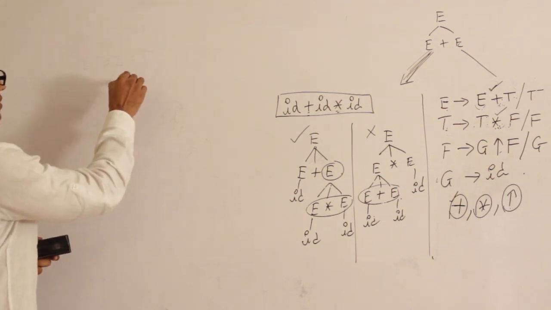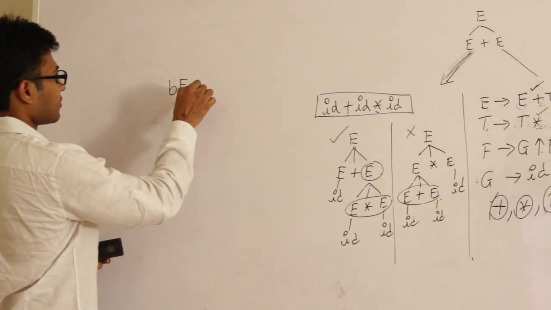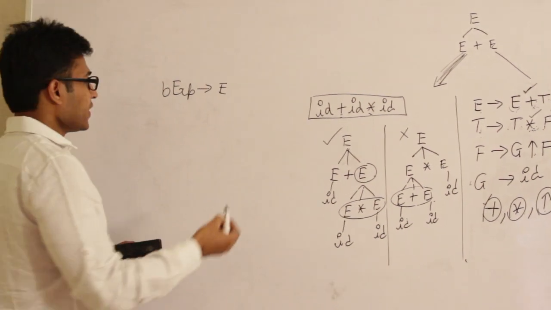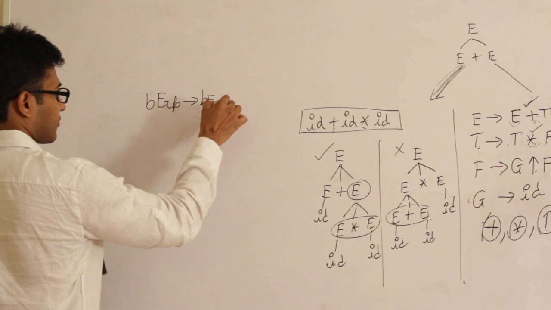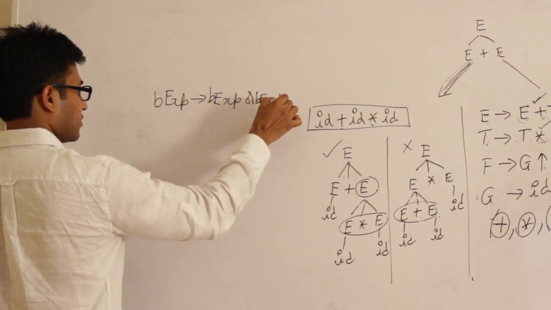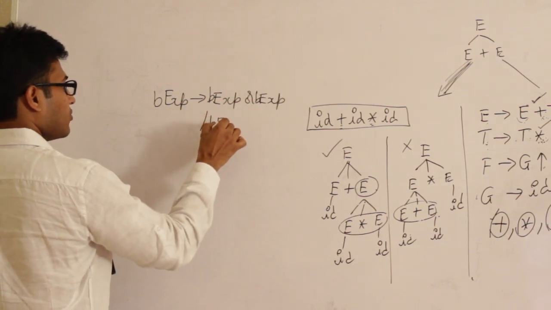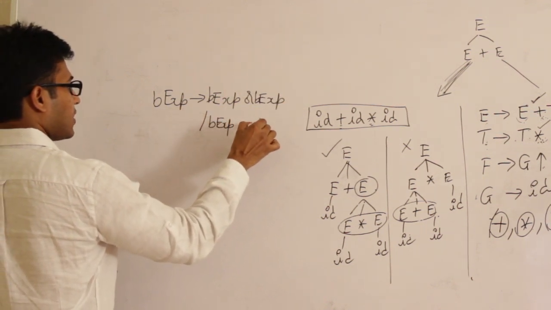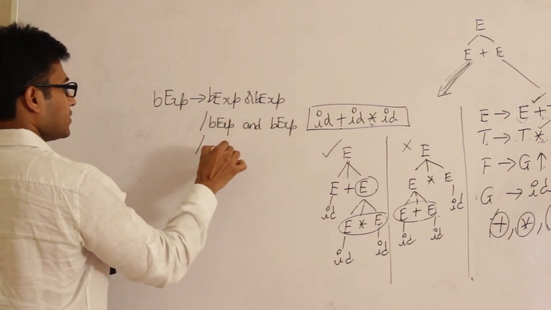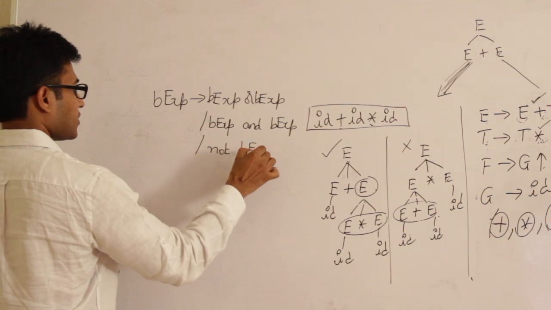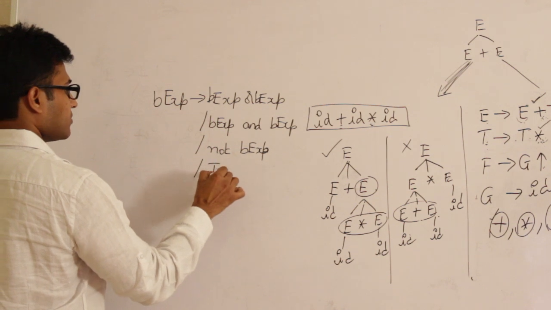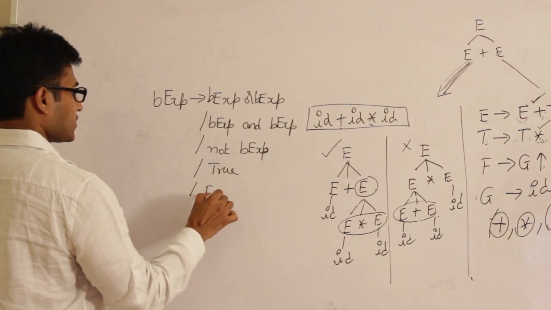So a Boolean expression can be ORing of two Boolean expressions, a Boolean expression OR with a Boolean expression, or a Boolean expression ANDed with a Boolean expression, or it is negation of a Boolean expression, which means whatever is the not, or it can be simply true or false.